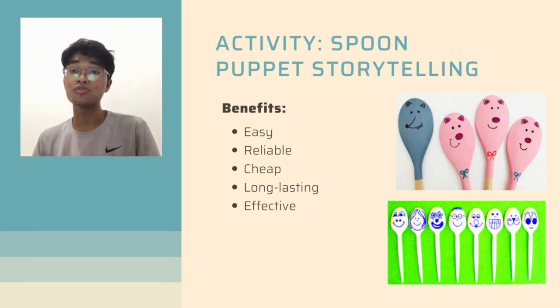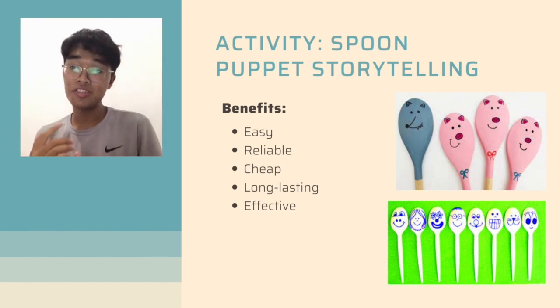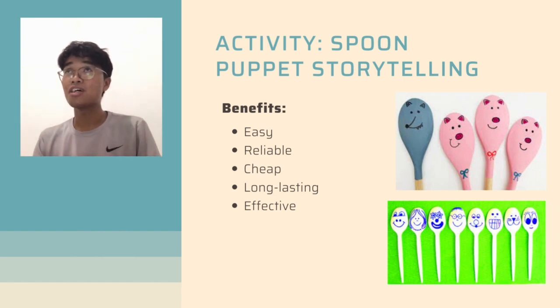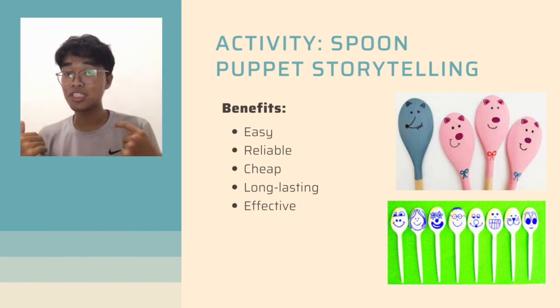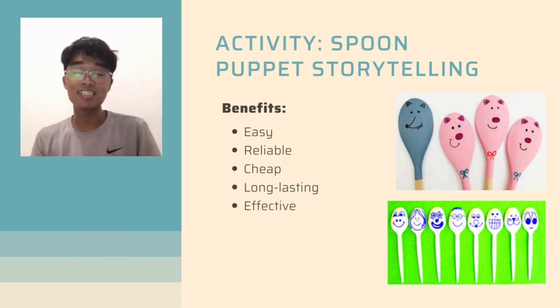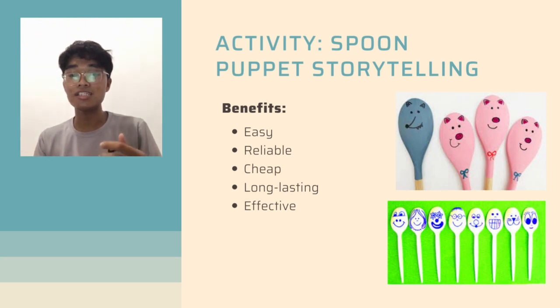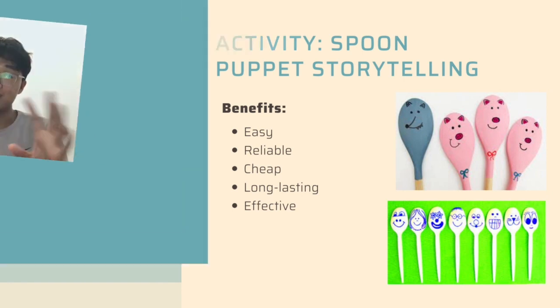The tools are also very cheap, including the materials, and I think most of the materials you probably have in your home. You can easily get them at a nearby store, and I think this spoon puppet storytelling technique is very effective in creating an immersive situation in your storytelling.